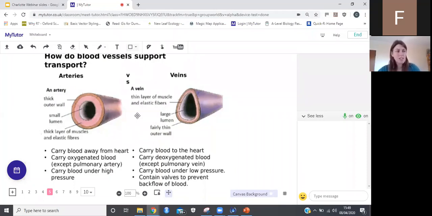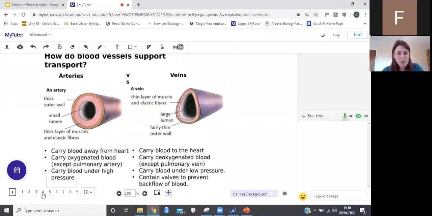So why do the arteries and veins not carry blood to the pulmonary vein? This is the difference between the pulmonary and the systemic circuit.